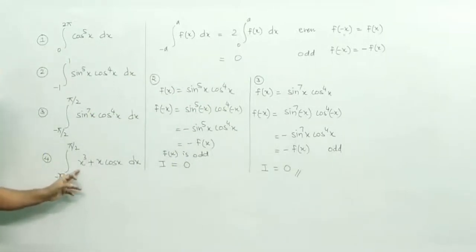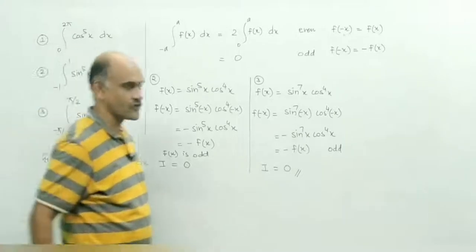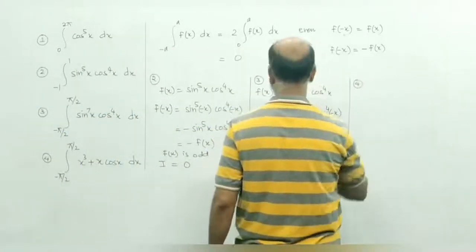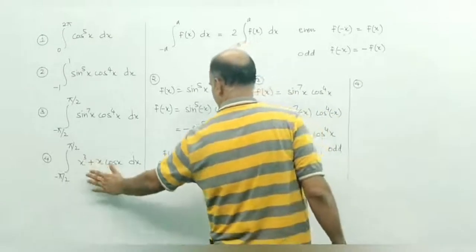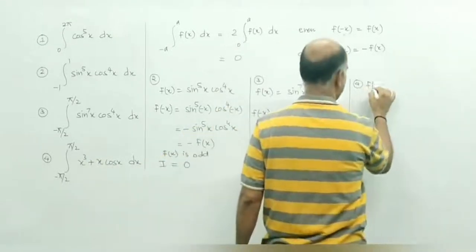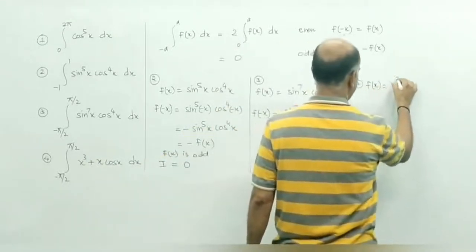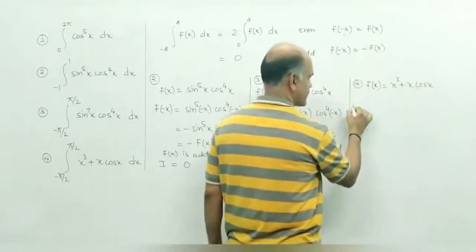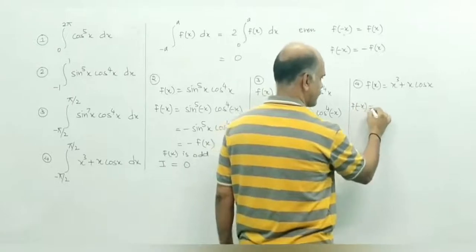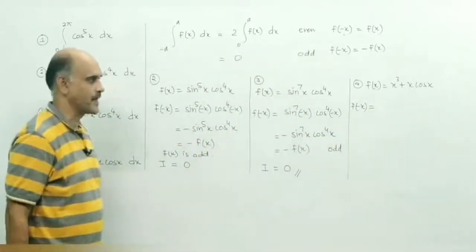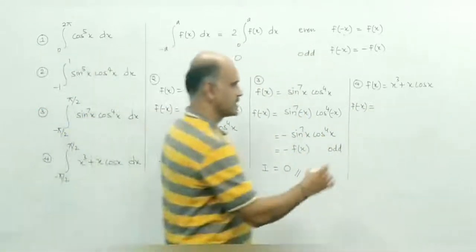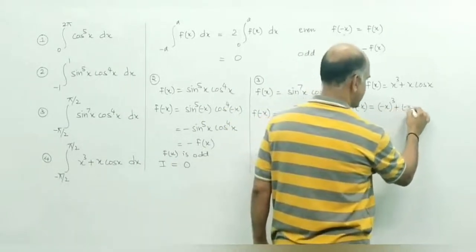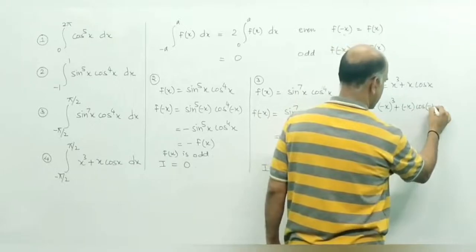Similarly, if you take the fourth one, just by looking you can tell that the function is also odd. f of x is equal to x cube plus x cos x. So if you substitute minus x, you will have minus x bracket cube plus minus x into cos of minus x.